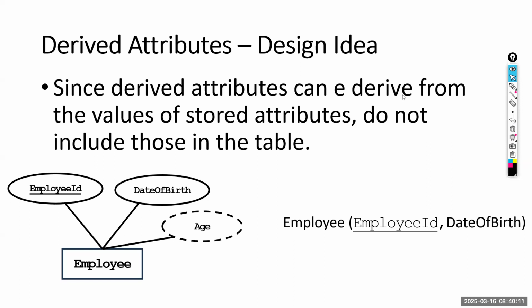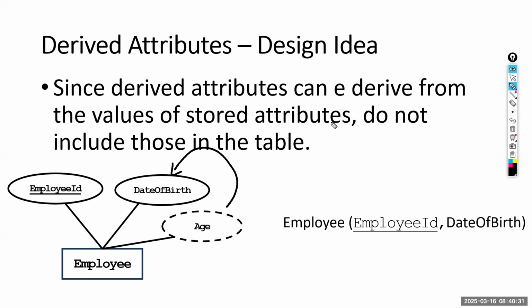Right. So the next concept is how do you design and of course later develop derived attributes. So remember, derived attribute means we can derive it from another attribute, right? So age can be derived from date of birth.